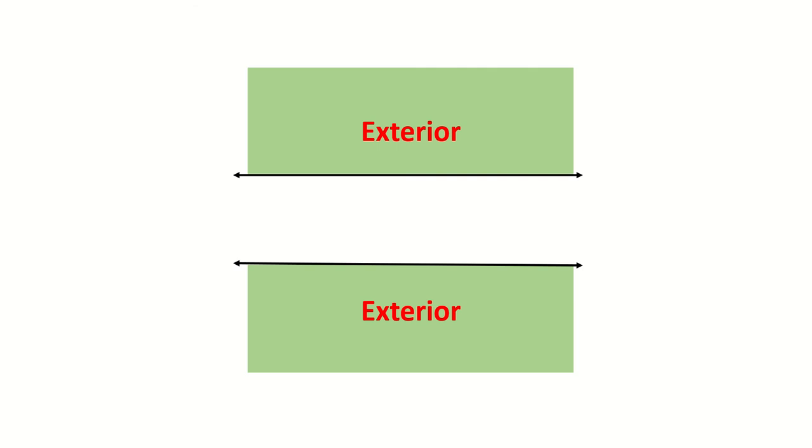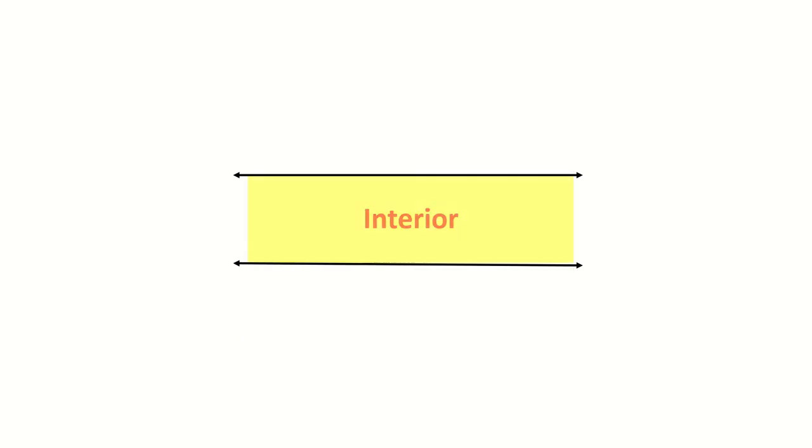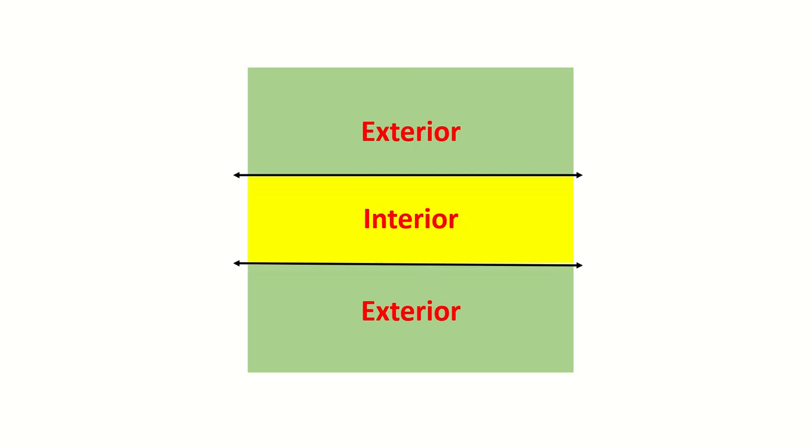It's very important to remember that because you will often hear the word interior or exterior. So I repeat, the ones inside are interior and the ones outside are exterior.